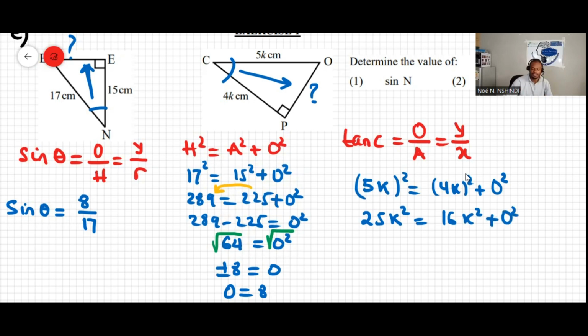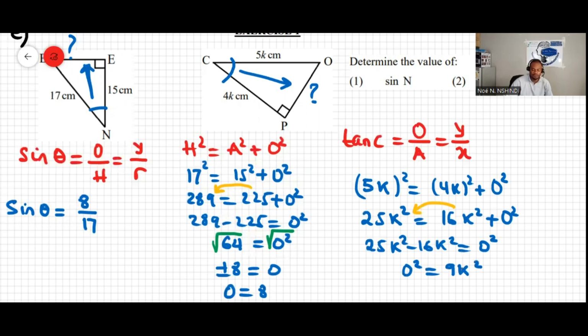If I move the 16k squared over, that will make 25k squared minus 16k squared equal to o squared. They are both expressed in terms of k, so we can just do 25 minus 16, which is equal to 9k squared.